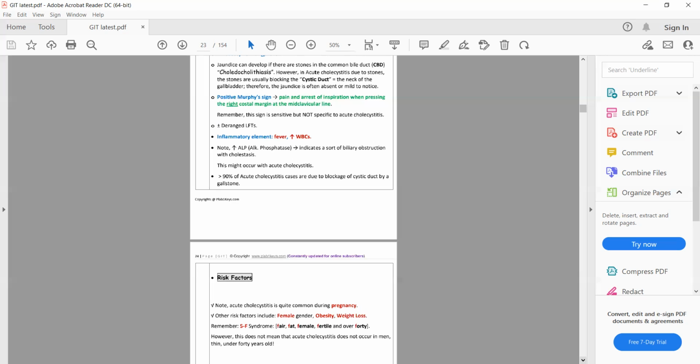While in ascending cholangitis, there is Charcot's triad, a triad of three symptoms. Right upper quadrant pain, which is common to acute cholecystitis, fever, and the third one, which is going to differentiate it from acute cholecystitis, is jaundice.